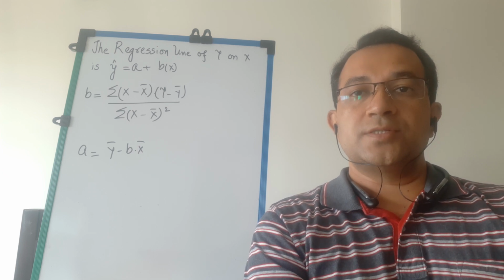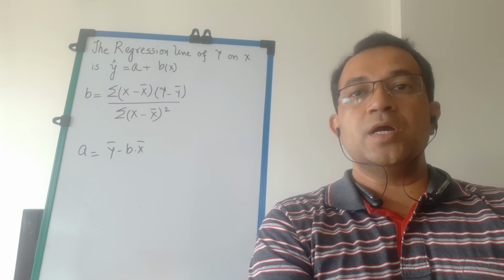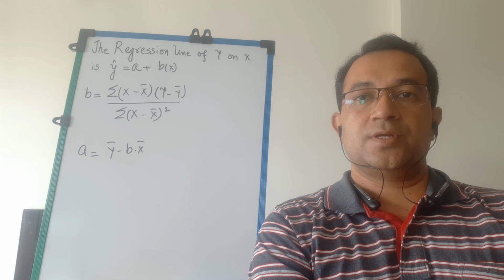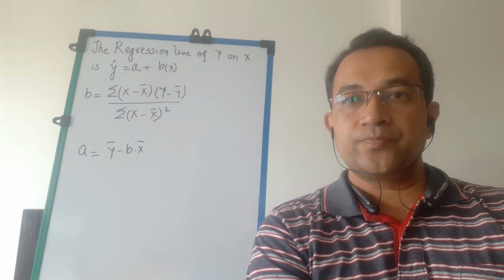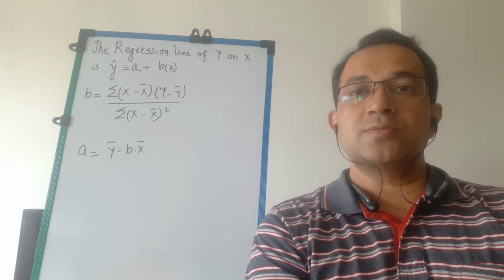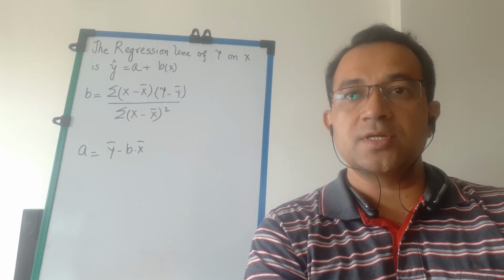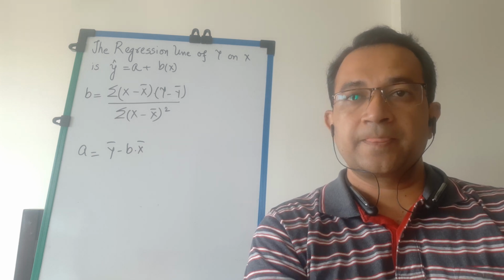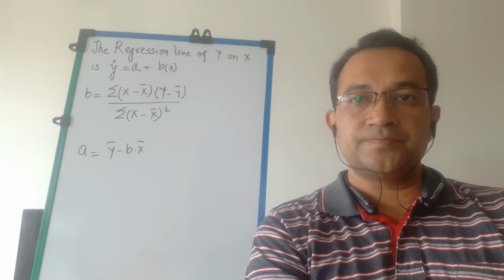Now, students, in this chapter, whenever a sum is considered, we have to obtain the regression line of y on x. To obtain the regression line from the given data, we have to calculate the constants b and a, and after finding them, we substitute b and a in the regression line, and we obtain the required regression line.